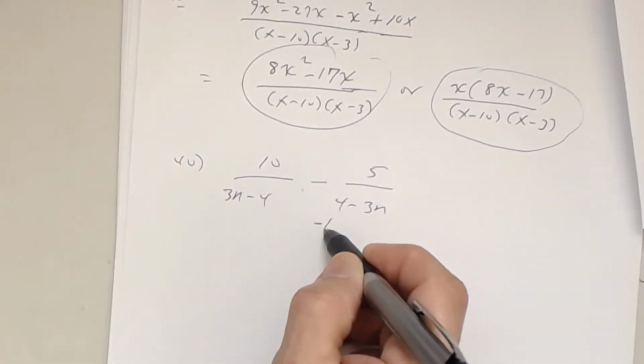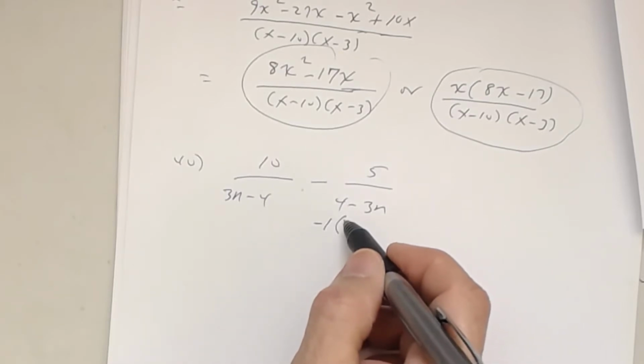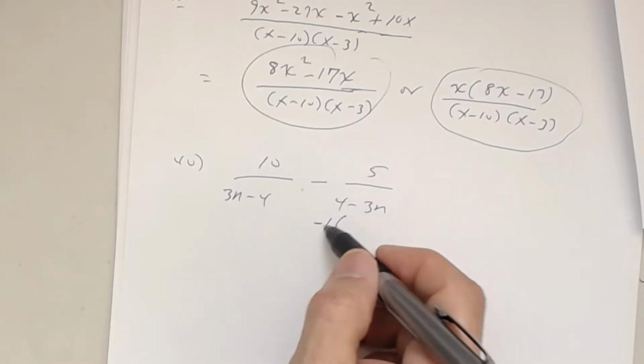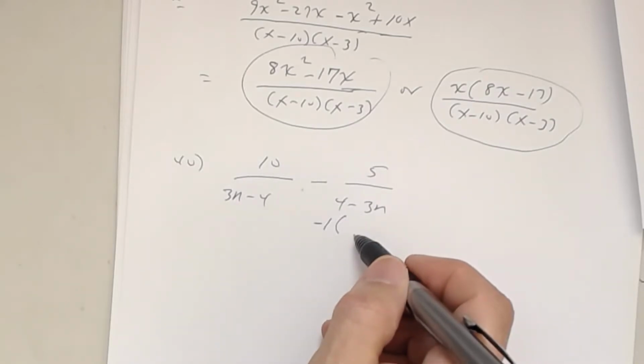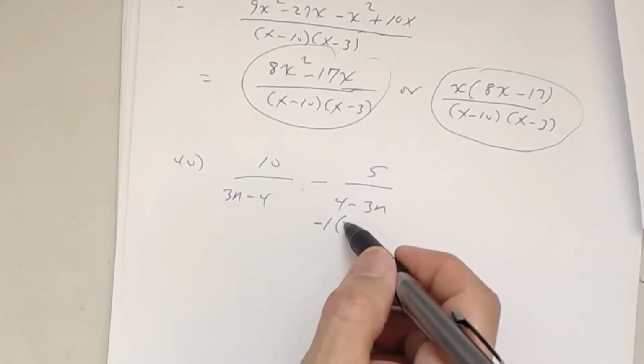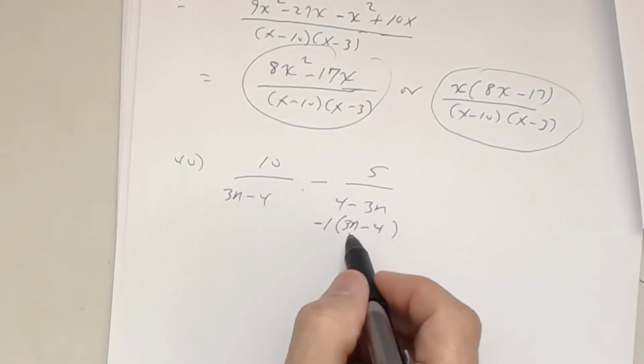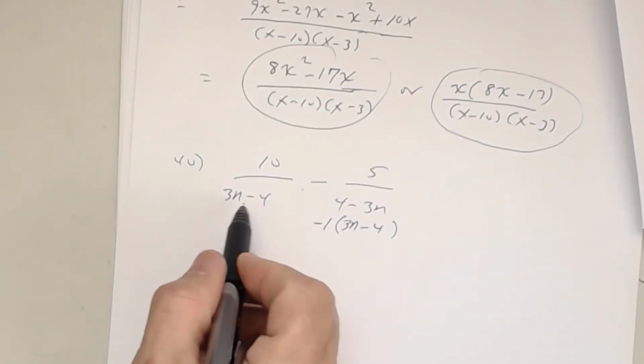So if I factor out -1, I'm going to get -1. Now remember, -1 times -4 is 4, and -1 times a positive 3n is a -3n. But do y'all understand? I'm going to write it like this, though, that this is this, right? And the reason I wrote it like this is because this was 3n minus 4 as well.